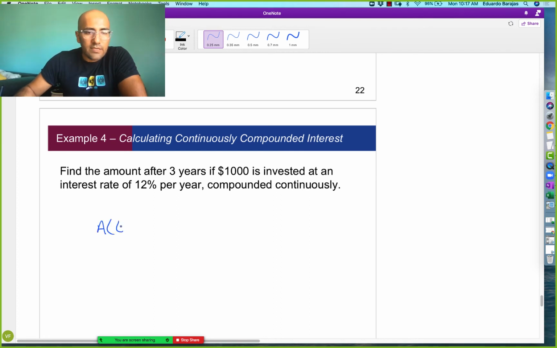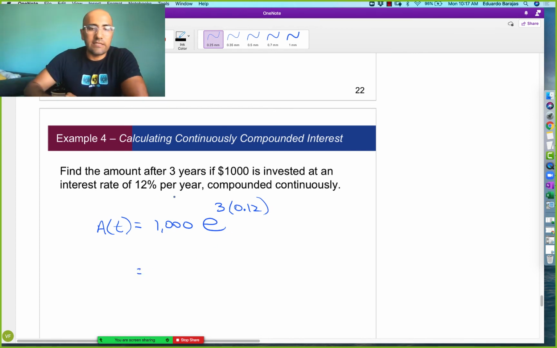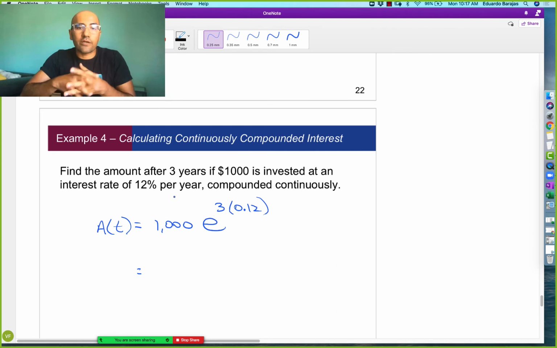A of t is equal to 1,000, the initial amount, e to the power of 3 times 0.12. Another reason why e becomes so important, e helps us figure out continuously compounded interest. So it's key to a huge part of our financial infrastructure to use the letter e to model various equations in our economic system.